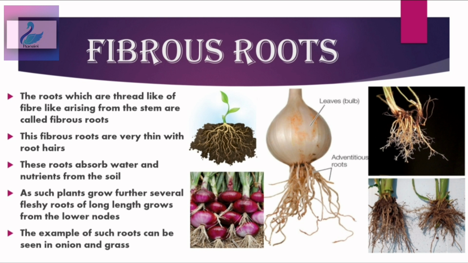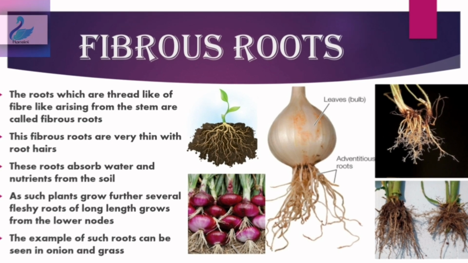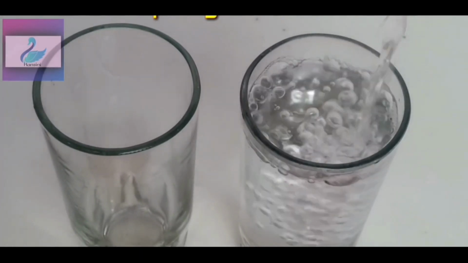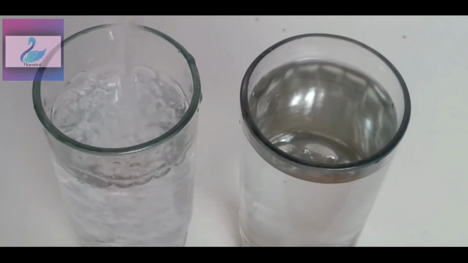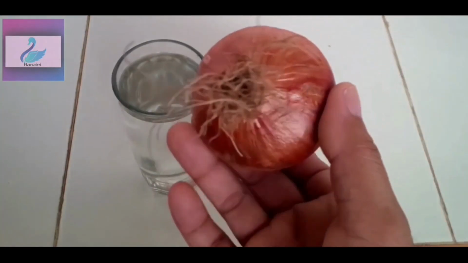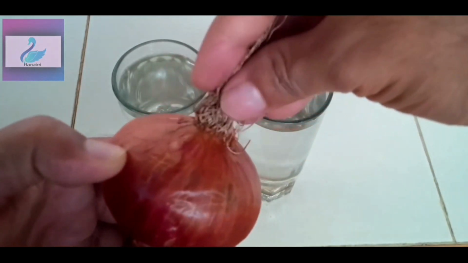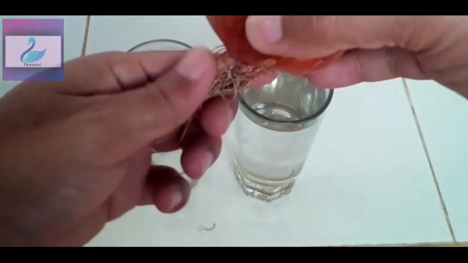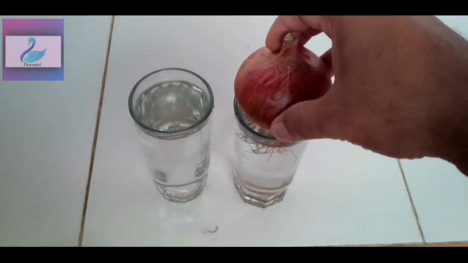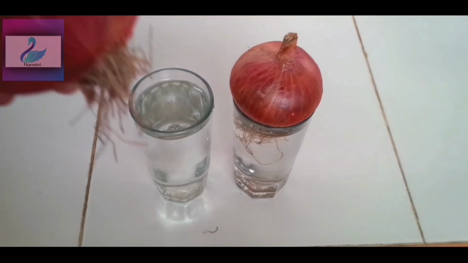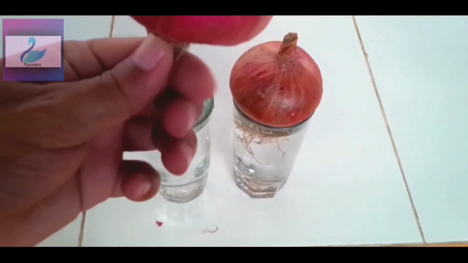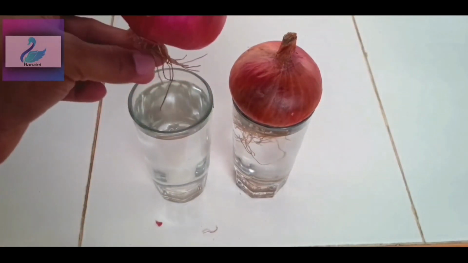To study this, we will perform an experiment, which is also given in your textbook on page number 10. For this, take 2 glasses of water and place onions on them. See to it that the roots of the onion are completely immersed in water.